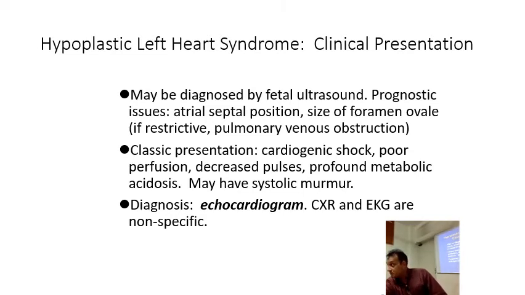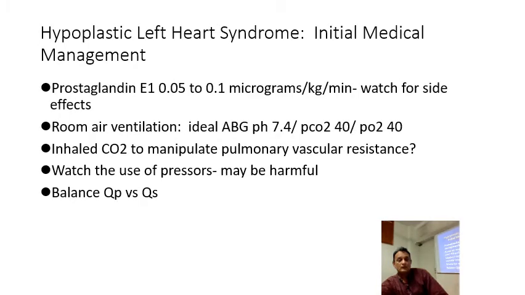Baby can flush. Hypotension is very common, especially with the high dose. So prostaglandin E1, you start with 0.05 to 0.1 microgram per kg per minute. Watch for side effects.